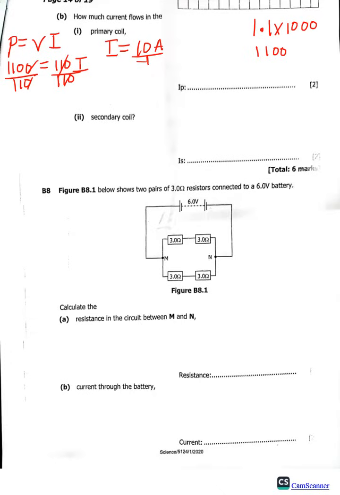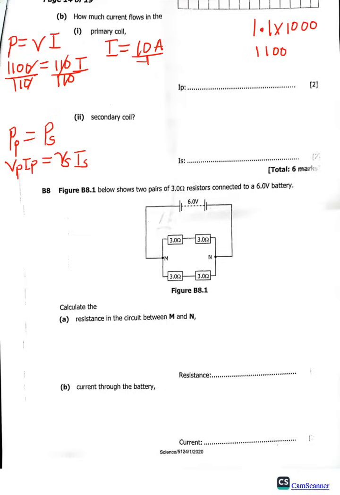If it is 100% efficient, power on the primary must be equal to power on the secondary. So VP times IP, voltage on the primary multiplied by current on the primary, is equal to voltage on the secondary times current on the secondary.